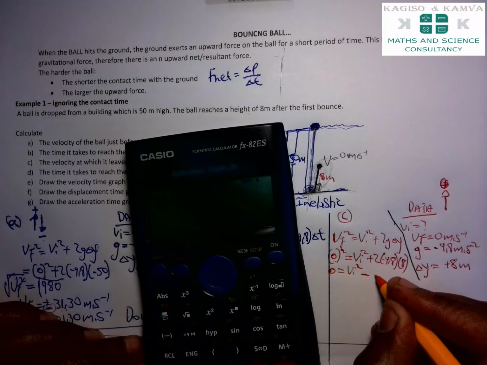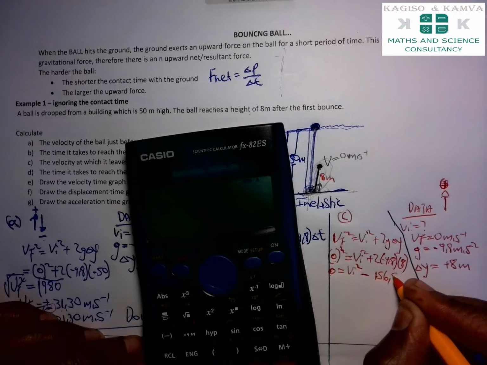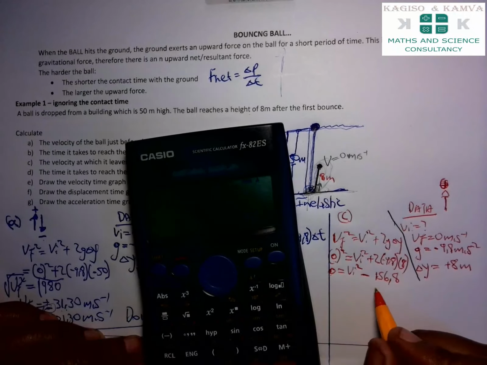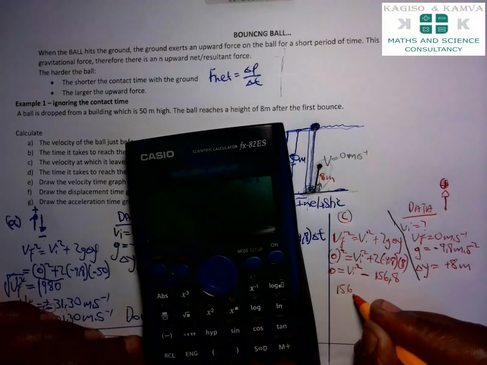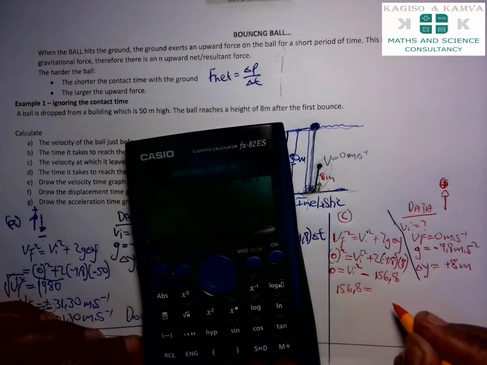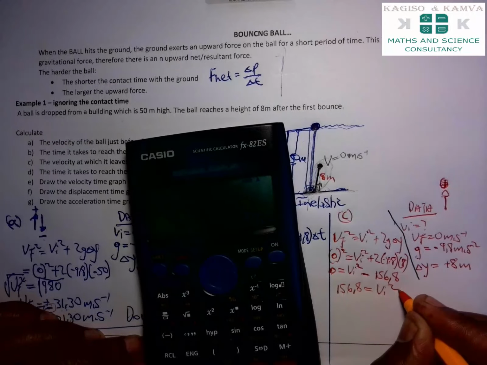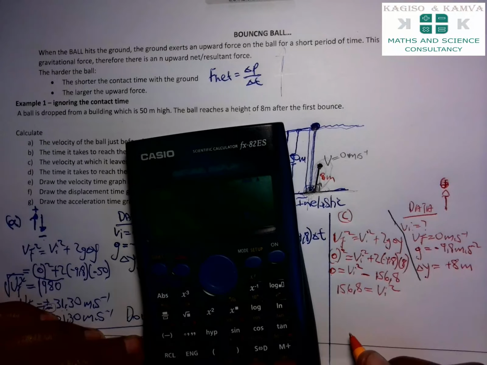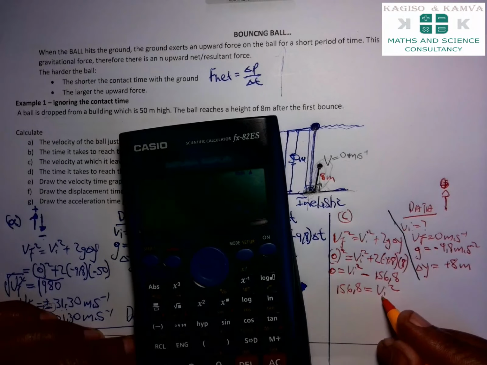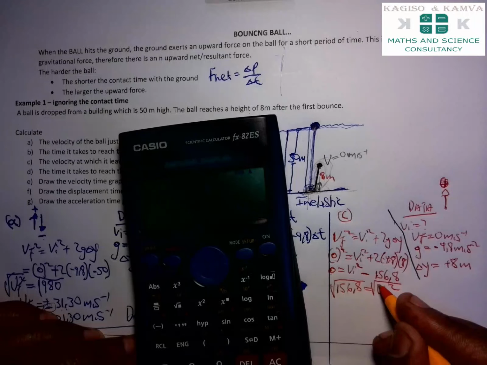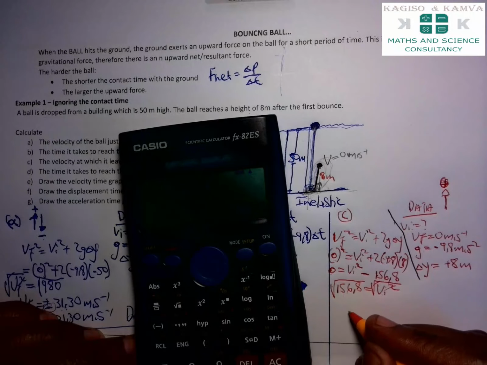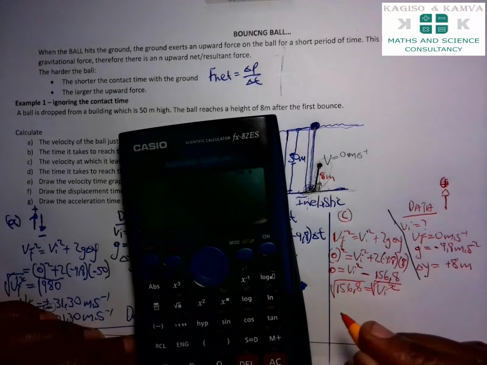minus 156.8. We transpose this to the other side, and we get 156.8 is equal to VI squared. We are looking for VI, so we introduce the square root on both sides. This cancels that, and then plus or minus.